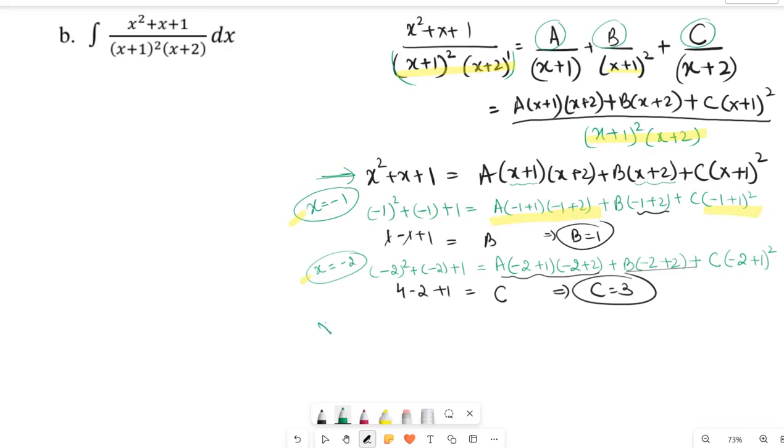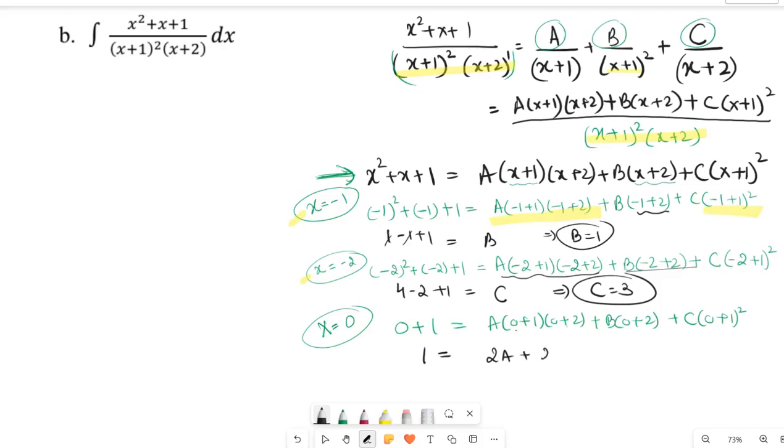I would say use a convenient value which is easy to calculate. So let's put x equal to 0. When I put x equal to 0, again you put in the same equation. This will be 0 plus 1. A times 0 plus 1, 0 plus 2, plus b times 0 plus 2, plus c times (0 plus 1) whole square. Let's see what that is. 1 equal to, this is 1 times 2, 2a, plus 2b, plus c.